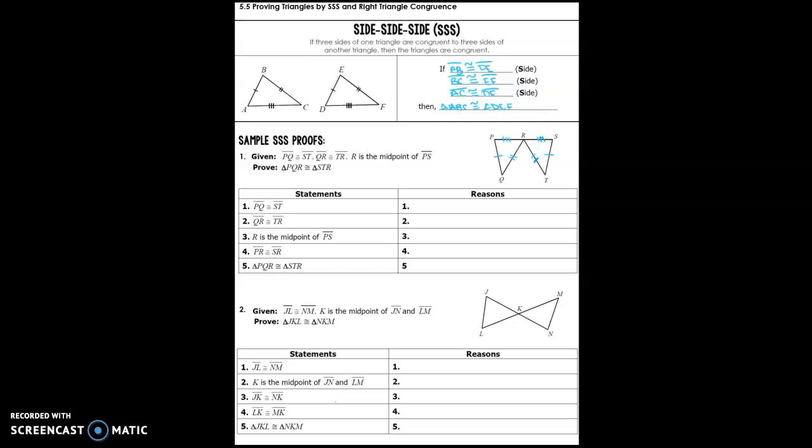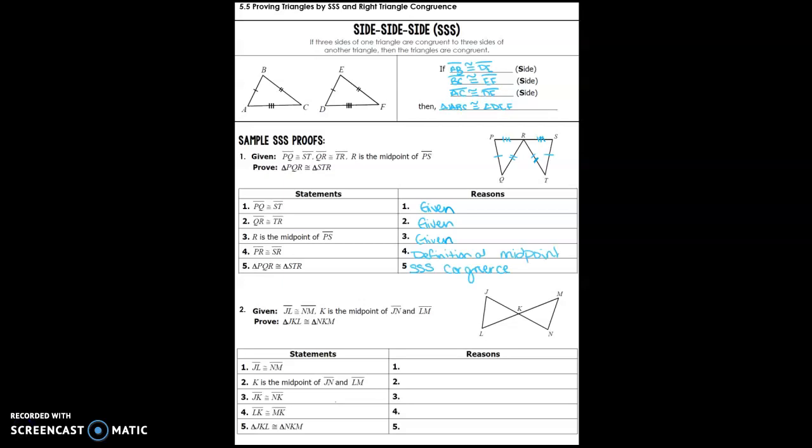And so for our reasoning, PQ is congruent to ST, and our reason is that it's given to us. QR is congruent to TR, also given, and R is the midpoint of PS, given again. Because R is the midpoint of PS, we have that PR is congruent to SR. This is the definition of a midpoint.